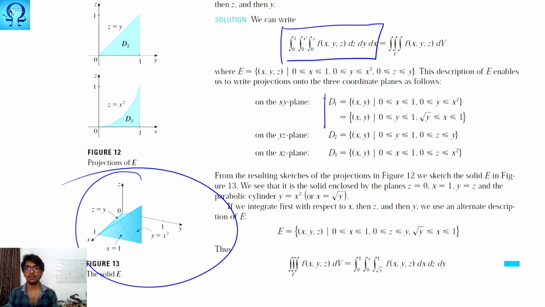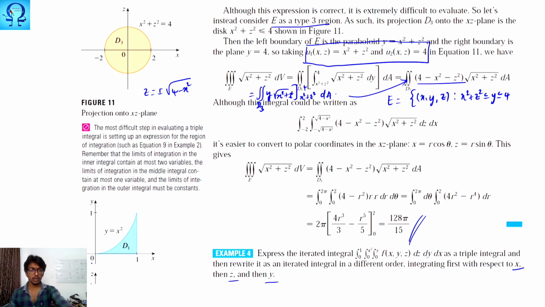On the xy plane, x varies from 0 to 1 and y varies from 0 to x squared. That is one way of writing. The other way: y equal to 0 means the x axis, so y varies from 0 to x squared and x varies from 0 to 1.